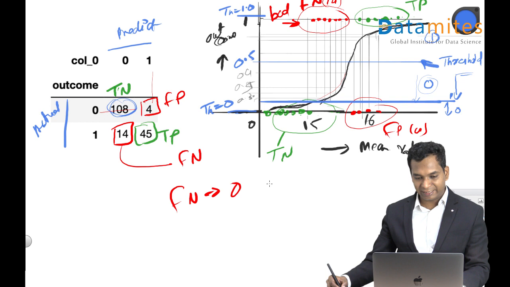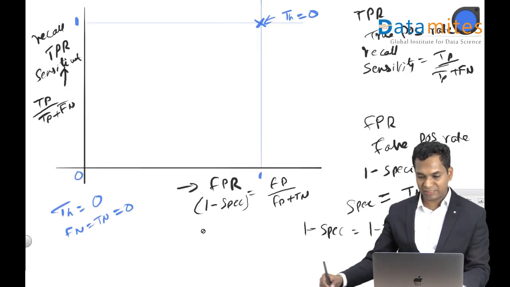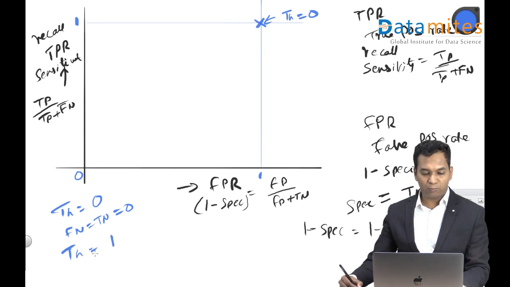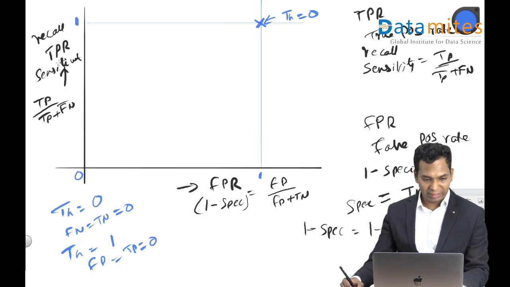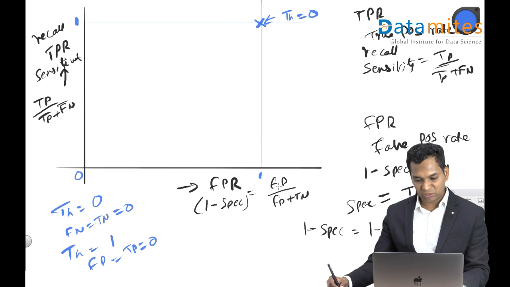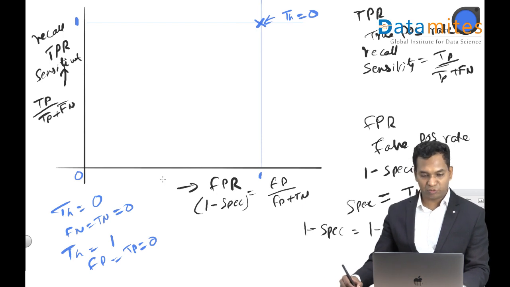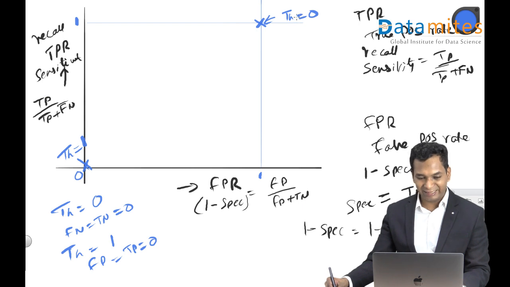So when the threshold is equal to 1, both your false positive and true positive are equal to 0, which means true positive is 0, so recall or TPR becomes 0, and FPR also becomes 0. So this is the point where your threshold is equal to 1, and when the threshold is equal to 0, you get this other point.